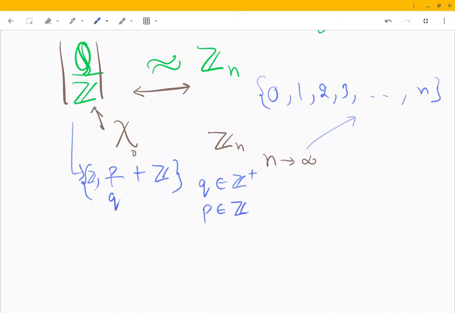Now let's look at the order of these. Since n is infinite, order of an element, every element will have finite order. Is that so? No. If n is approaching infinity, n can be an even number or n can be an odd number, and we cannot even establish that.